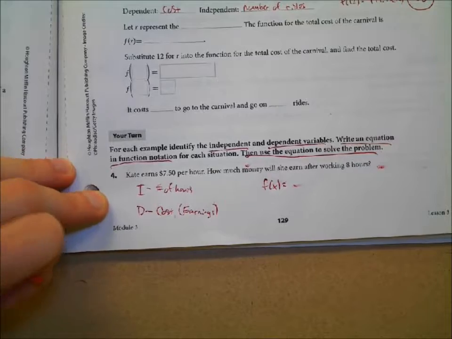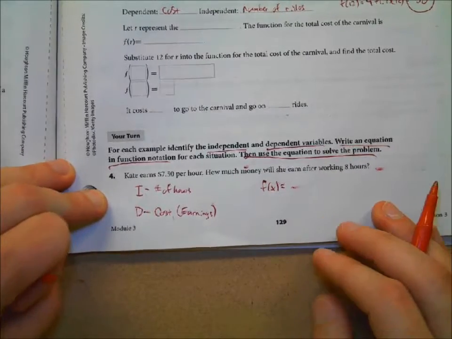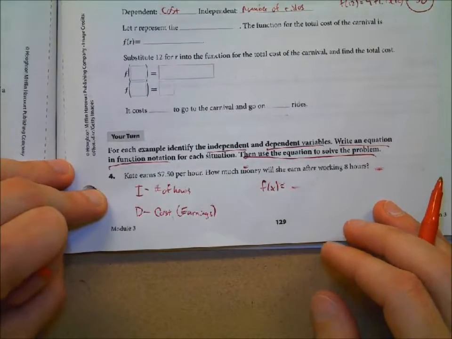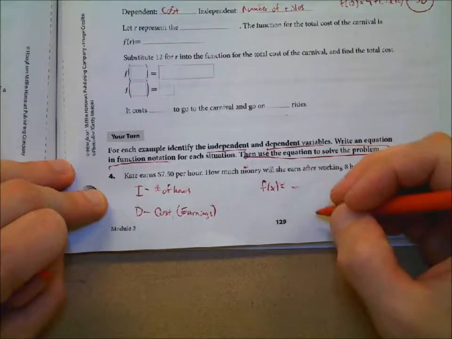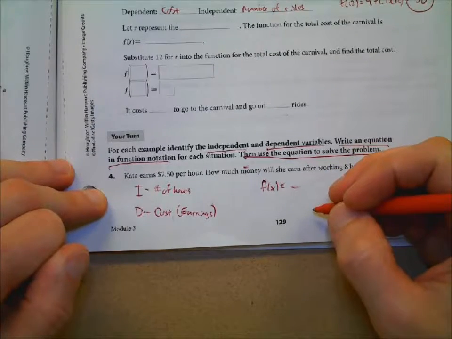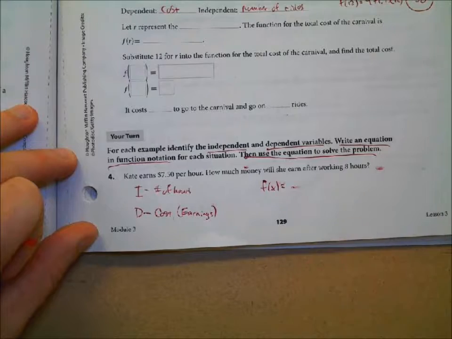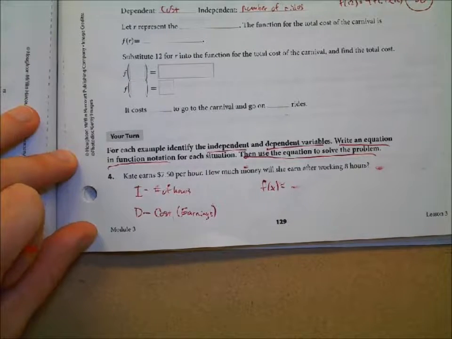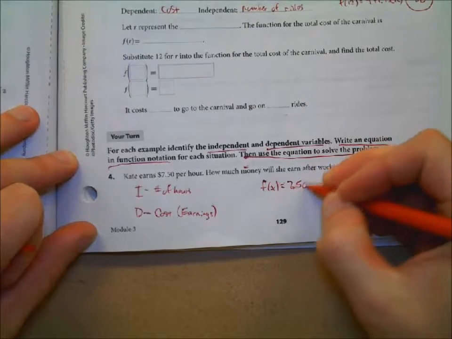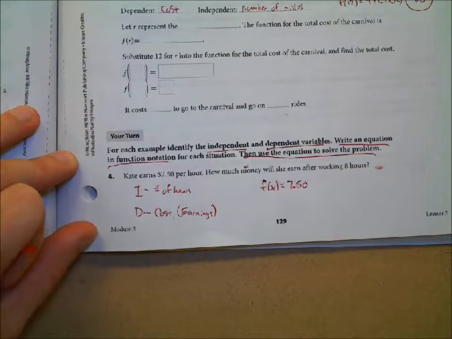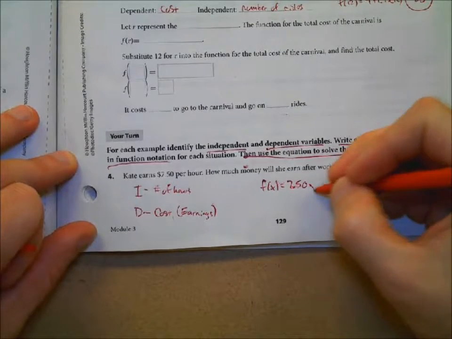Matt, were you able to come up with a function that describes this scenario? F of x equals? Oh, sorry, Matt S. Thank you. Okay, so she's earning $7.50 per hour. How can we write that? Okay, let's just do it more generically. So not 8, let's just say x. And that's it.